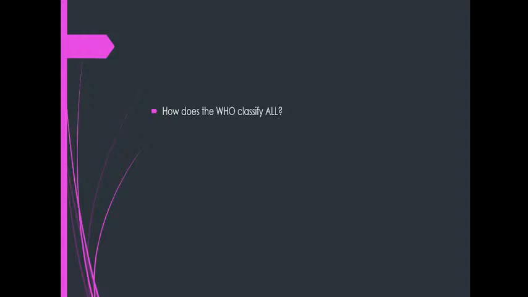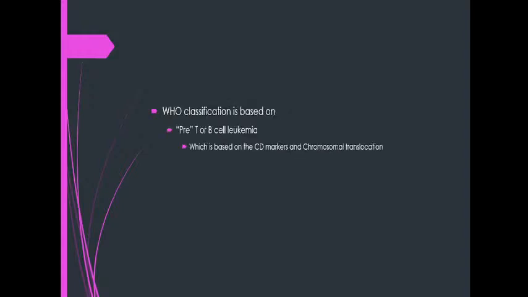Okay, so the World Health Organization classifies acute lymphocytic leukemia based on whether it's a pre-T cell or a B cell leukemia, based on CD markers and chromosomal translocation. So when you say chromosomal translocation and CD markers, marami tayong i-memorize, class.